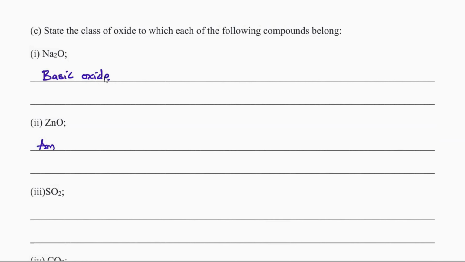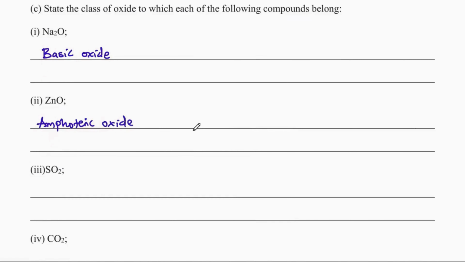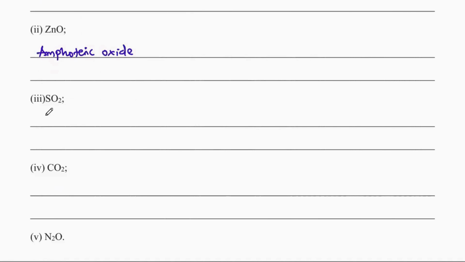This is an amphoteric oxide. Okay, both acidic and basic in nature. It has the property of both. And then we have sulfur 2 oxide, which is acidic because sulfur is a non-metal.